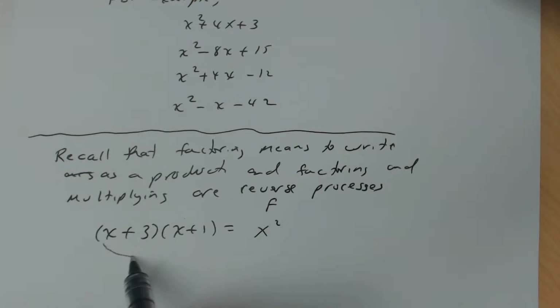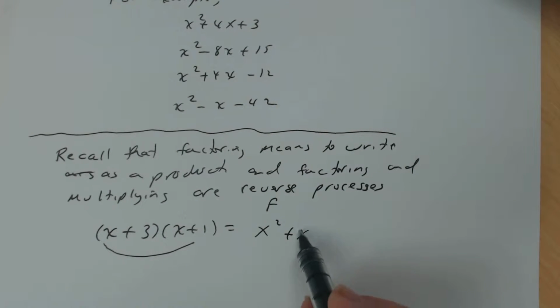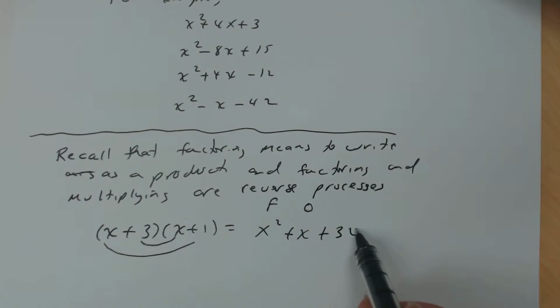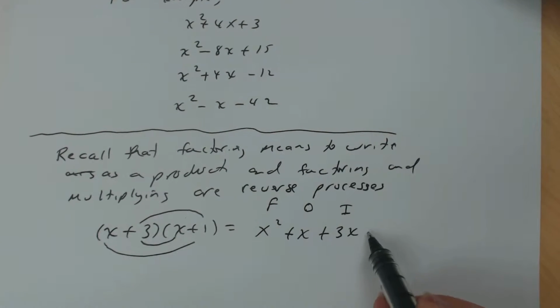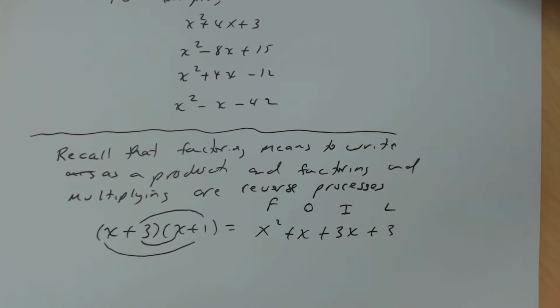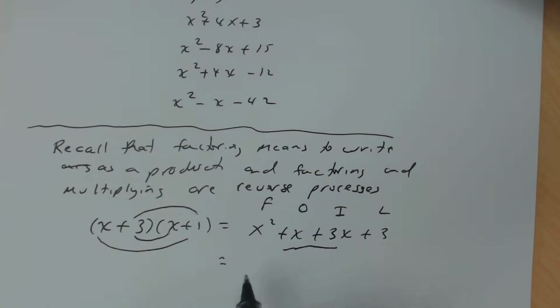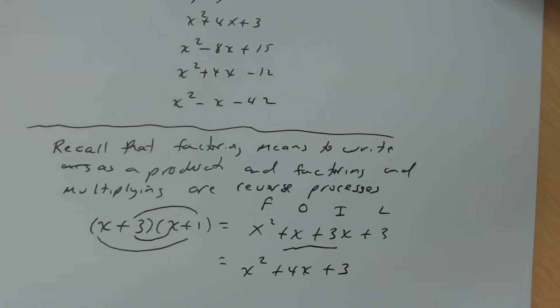The outer is x. Your inner is 3x. And then your last is positive 3 times 1, which is a positive 3. Then combining these two like terms, we get x squared plus 4x plus 3.